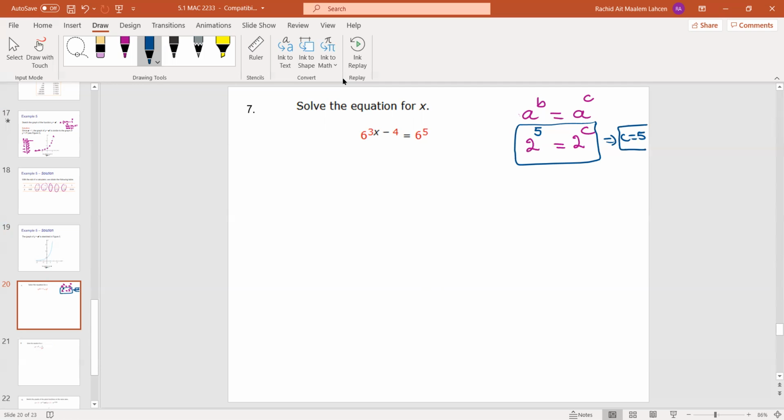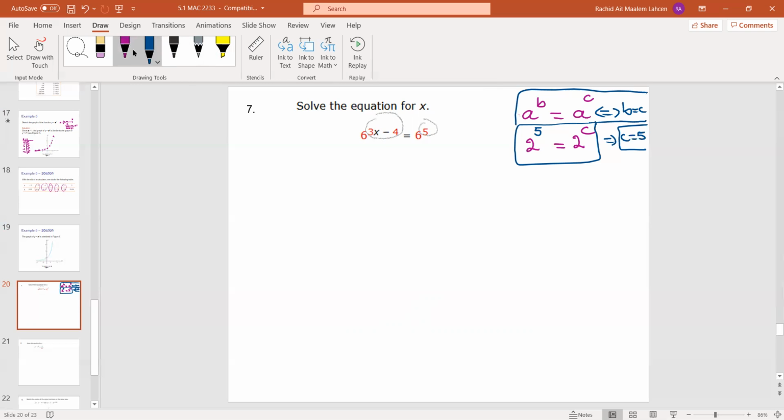So we can use this technique here, and if these bases are not the same, you're going to try to see if you can make them the same. So this is possible only if b is equal to c. And so this is 6 to this power, and this is another exponent.